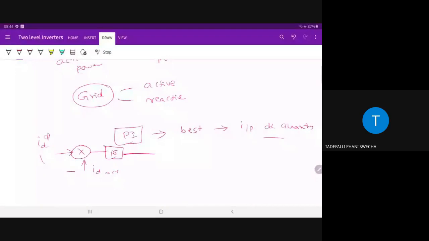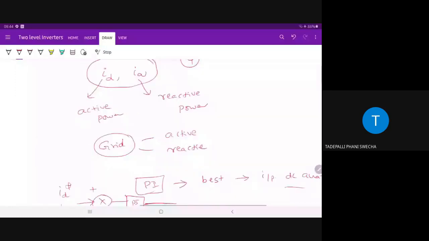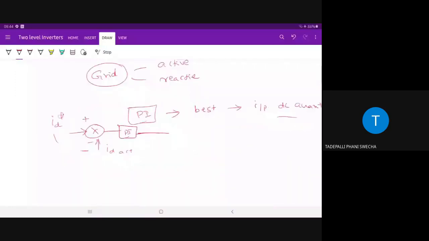Therefore, when you're using the DQ reference frame, the tuning of the PI controller is easy. You can easily control the active and reactive power in the grid, or when we are supplying to the grid.